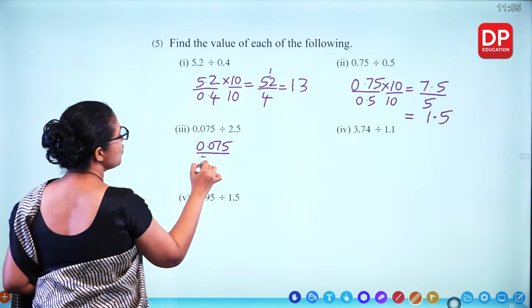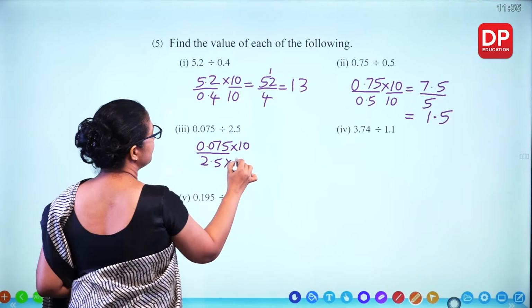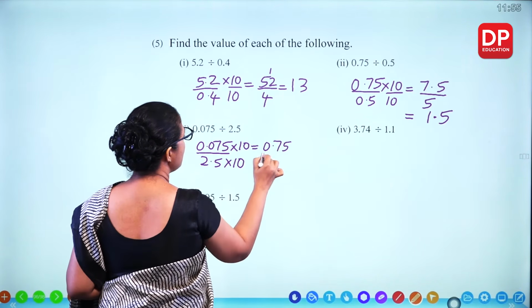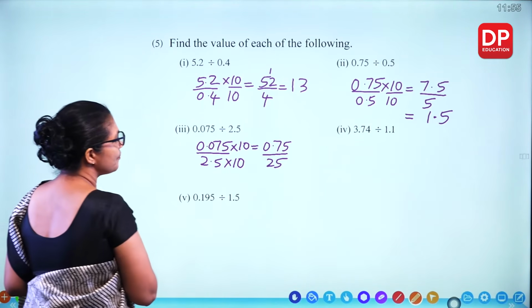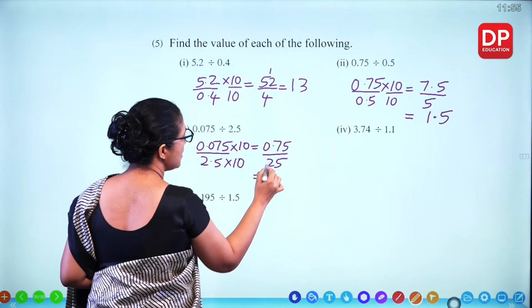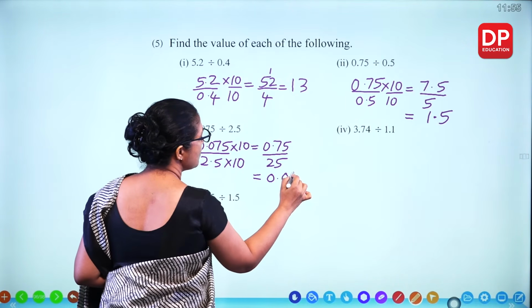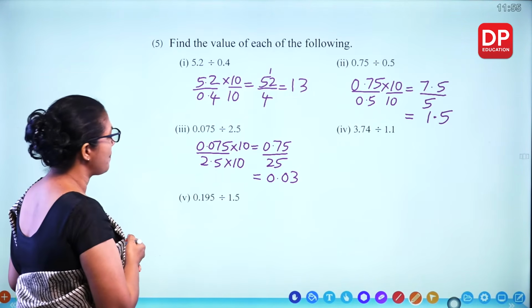0.075 divided by 2.5. Multiply by 10. You get 0.75 divided by 25. Long division. So 0. For 7, that's 0. For 75, that's 3. 0.03.